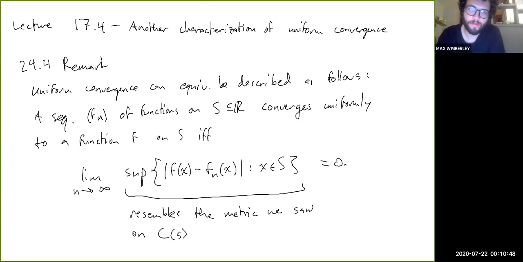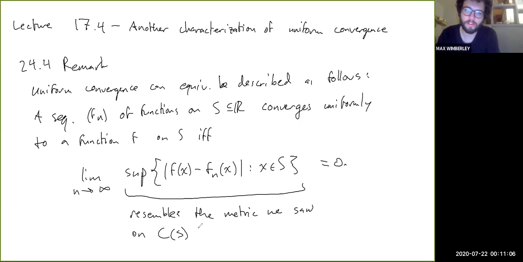C of S is a metric space, the space of bounded continuous functions on S, and the metric is the supremum of the distance between two functions across all x values in S.